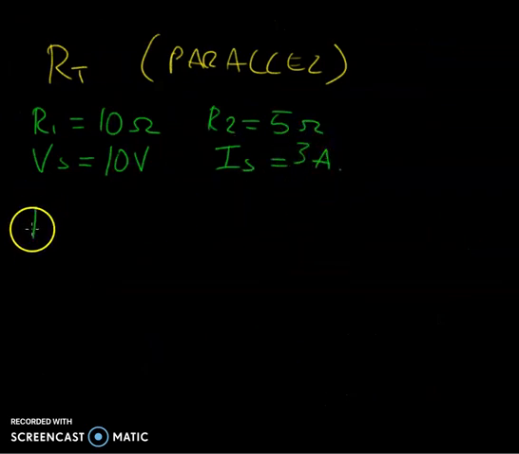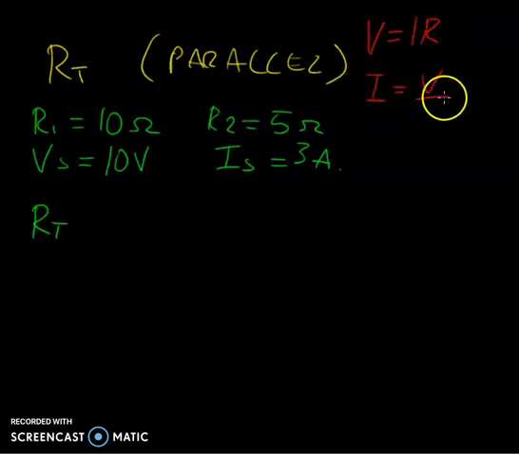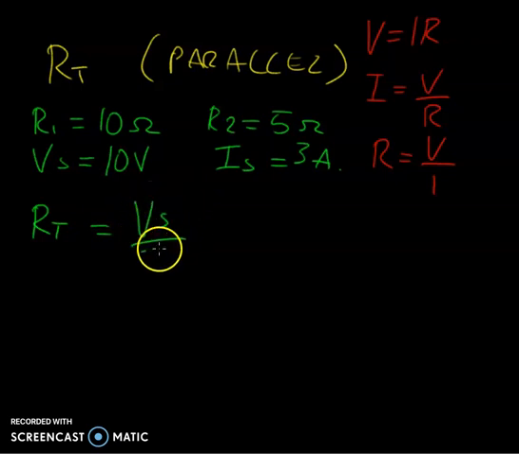So our RT, using Ohm's law, let's just remind ourselves, V equals IR, which turns into I equals V over R, and also R equals V over I. We're going to use the bottom one here. RT is equal to VS over IS.